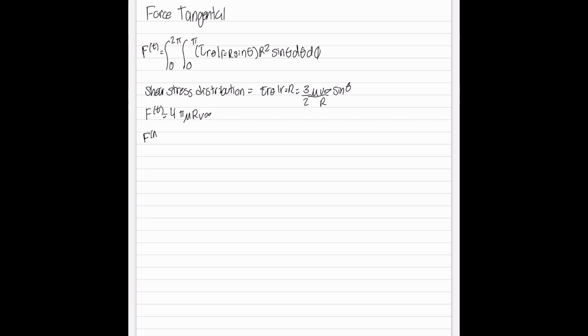And to get the total force, you have to add the normal to the tangential, which will equal 4 over 3 pi r cubed rho g plus 2 pi mu big R v infinity plus 4 pi mu R v infinity.